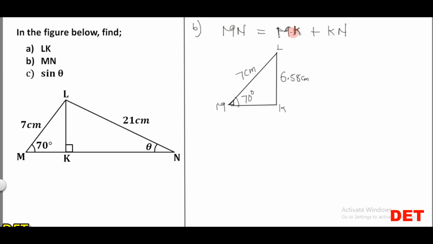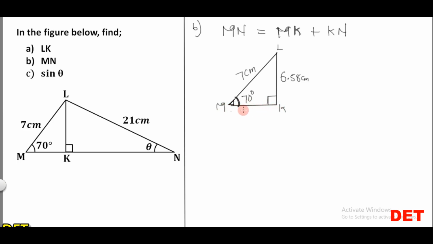MN, like I said, is equal to MK plus what? KN. So I'm going to look for the distance from here to here, my MK. Alright, so this is my right angle. So the side facing this acute angle is what? It is the opposite. The side where this acute angle and this right angle lies is what?